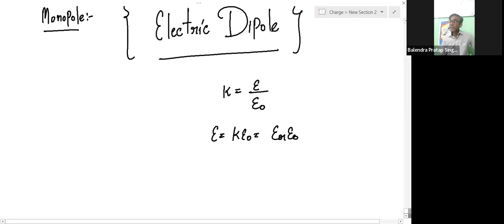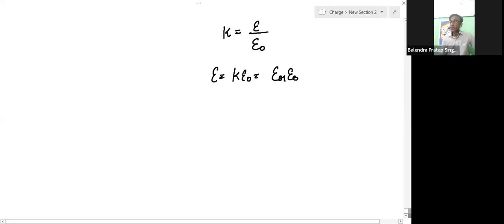if I consider a source charge plus Q, then what will be the electric field at a distance R from this point charge capital Q? In a short way, what is the expression of electric field due to a point charge?